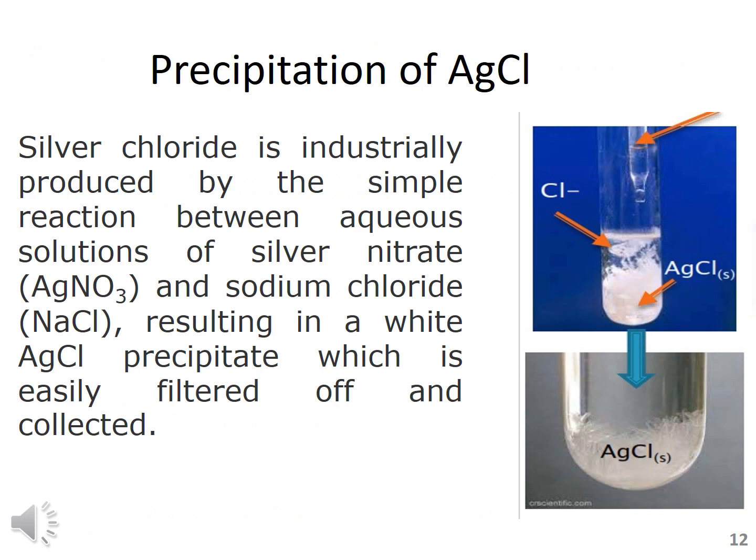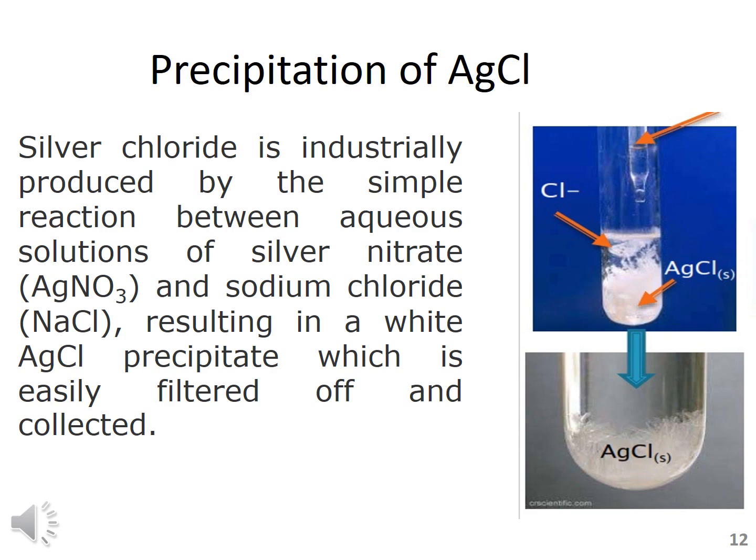So by using this process of precipitation, the gravimetric analysis, silver chloride is produced in the industry by the simple reaction between silver nitrate and the solution of sodium chloride. When they react with each other, the silver cation of the silver nitrate will react with the chloride anion of the sodium chloride.